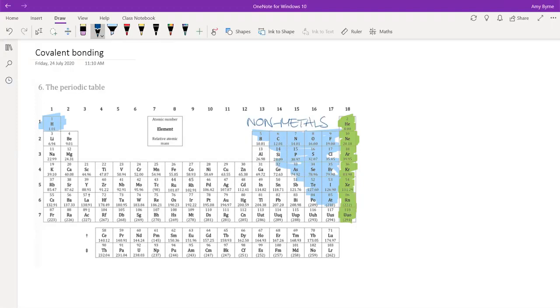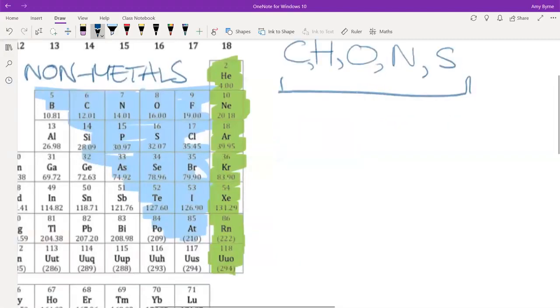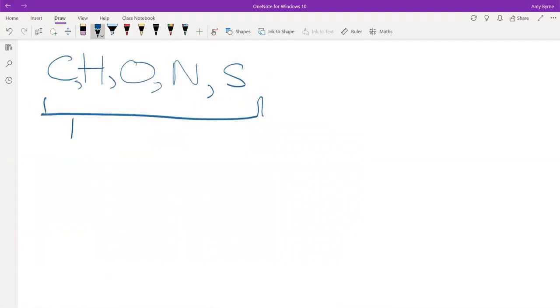Now, if we're only looking at less than a third of the elements in the periodic table, why do we care so much about covalent bonding? Why am I sitting here talking about it? That's because these elements here that I've highlighted, especially carbon, hydrogen, oxygen, nitrogen, and sulfur, are the key elements for biochemistry, so the chemistry of living things.